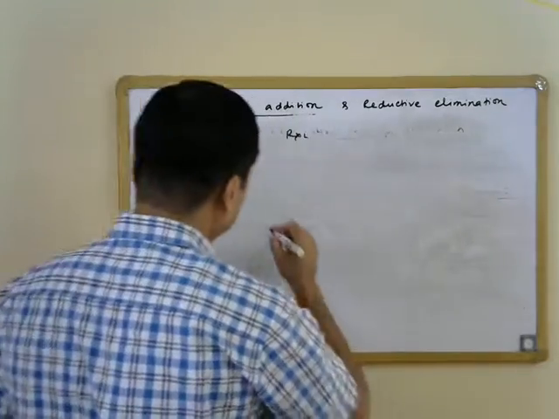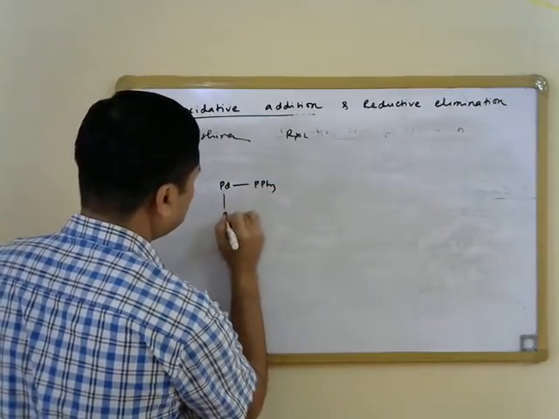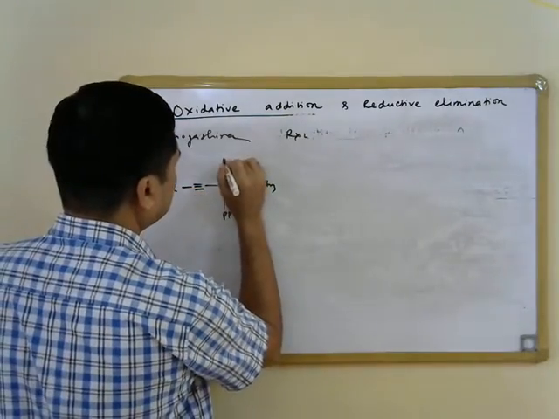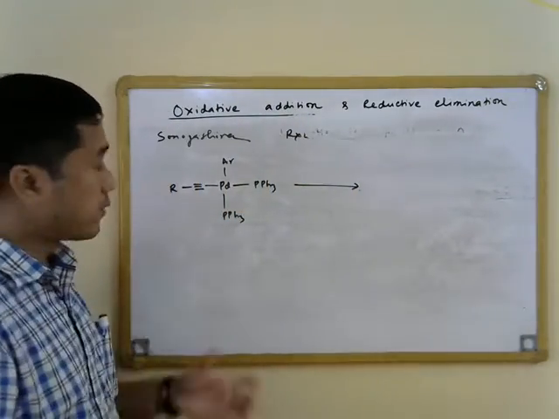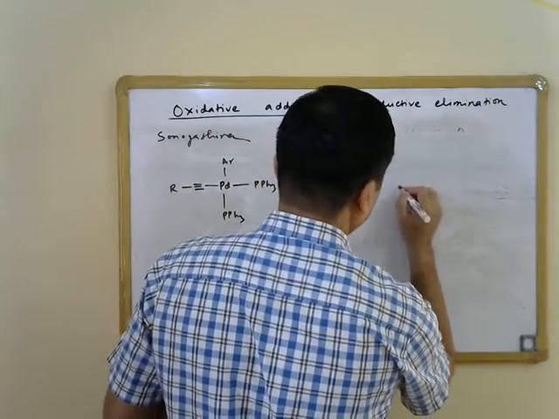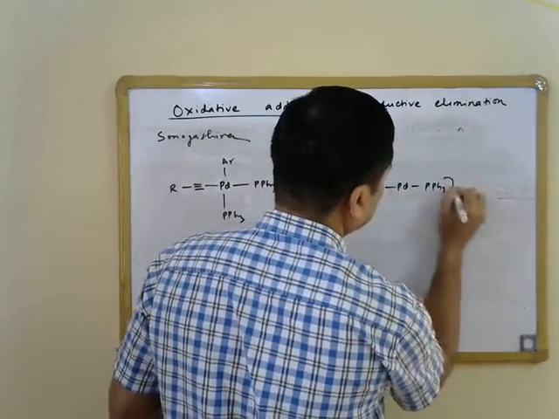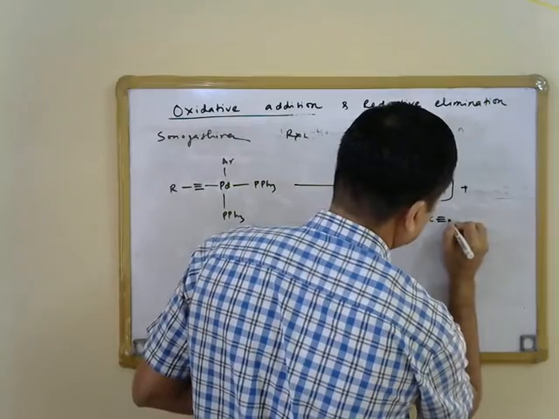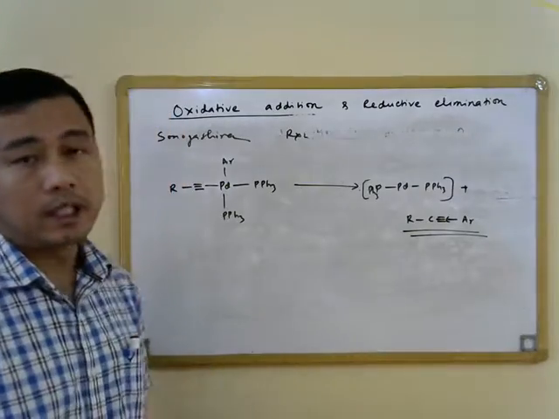During this reaction, this species that we obtain after oxidative addition undergoes reductive elimination now to give us this as a product during the Sonogashira coupling reaction.